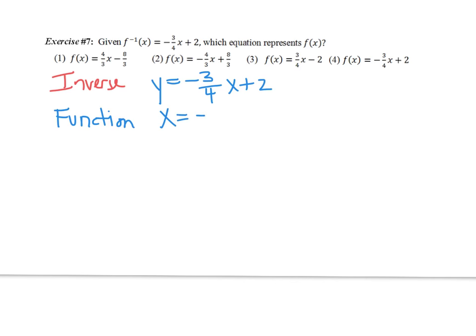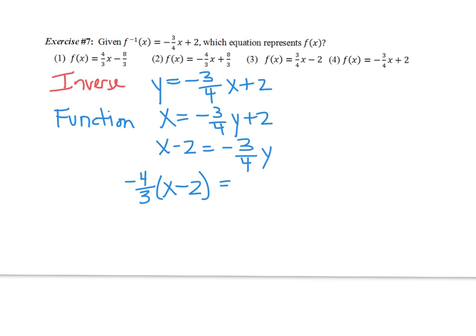So x is equal to negative 3/4 y plus 2. Solve for y, so we're going to subtract 2 from both sides. And then multiply by the reciprocal fraction. So negative 4/3 times x minus 2 is equal to y.